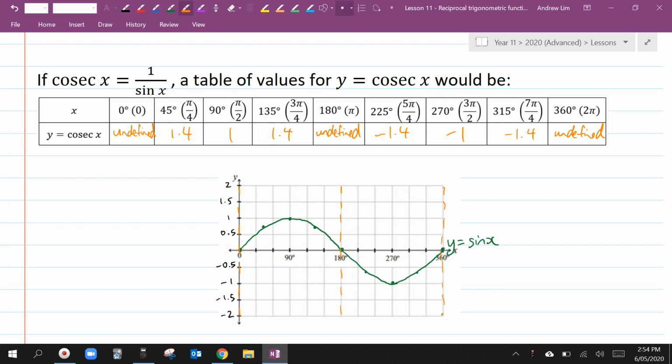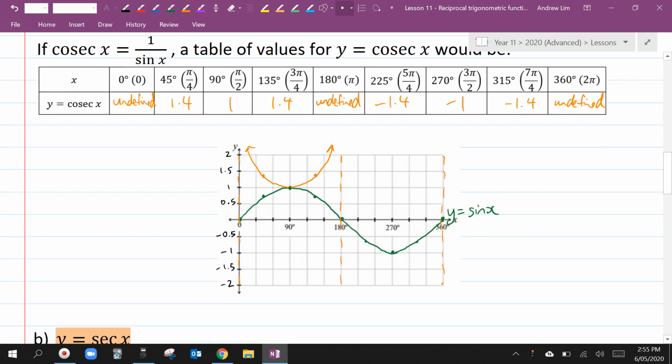At 45 degrees, it's going to be about 1.4. 1.4 is probably about there. 90 degrees, 135 degrees is 1.4. If we had more values to input, it's going to form a nice U shape. Okay? And it's never going to cross these asymptotes.